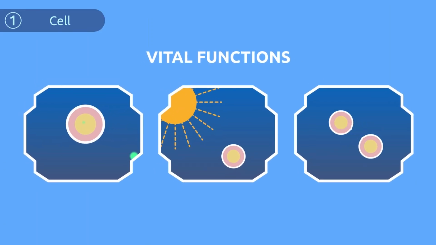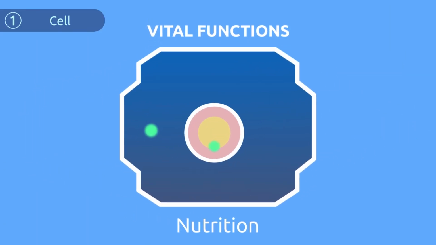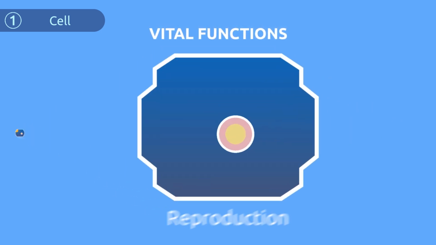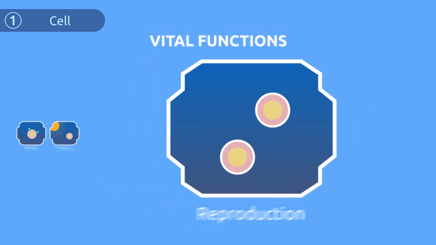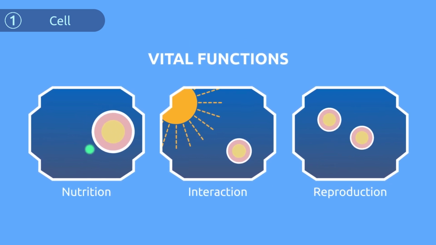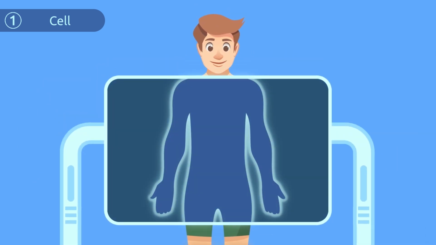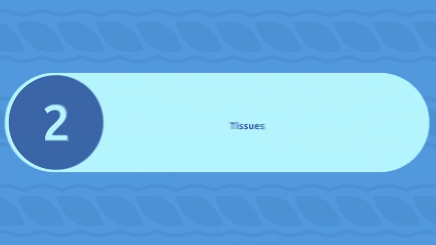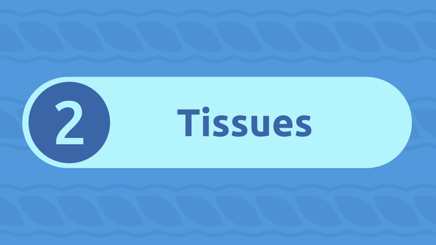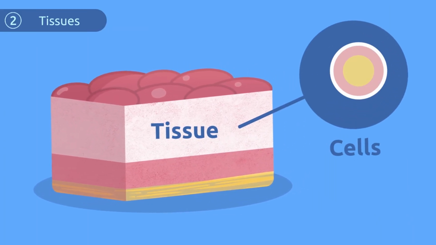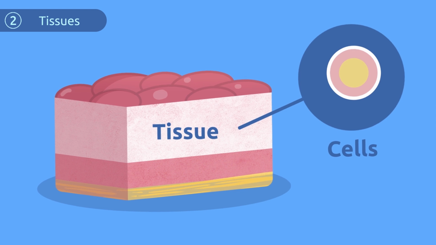The vital functions of a living being are nutrition, interaction, and reproduction. The cell is the smallest basic unit that fulfills the vital functions. We're all made up of millions of cells. Tissues are made up of the same types of cells that carry out the same function.